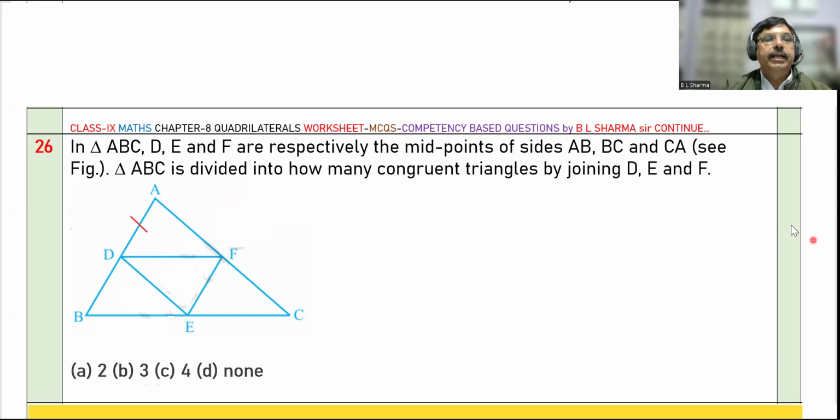So here AD is equal to BD, it is given. AD is equal to BD, but EF is half of AB. So you can say AD is equal to BD is equal to EF. Similarly, AF is equal to CF, it is given, but this is equal to DE.